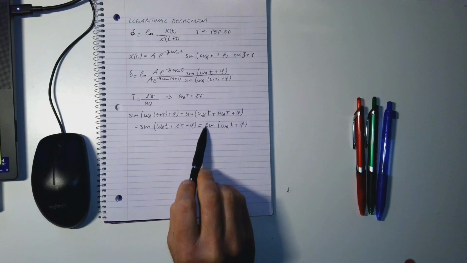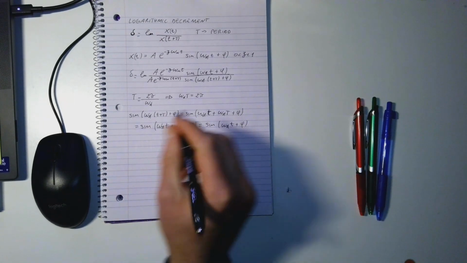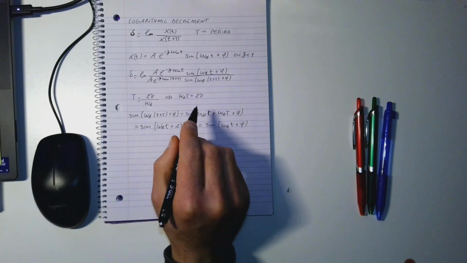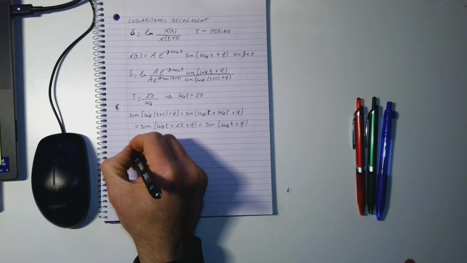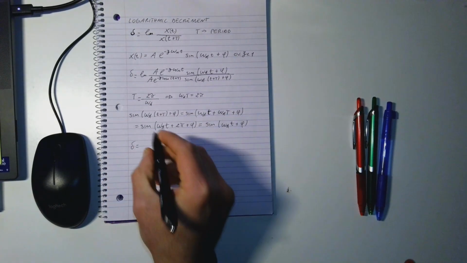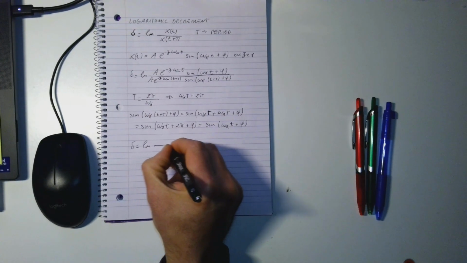Now if we plug this quantity here, this will be very helpful to simplify this expression, because what we obtain is delta equal to the natural logarithm.